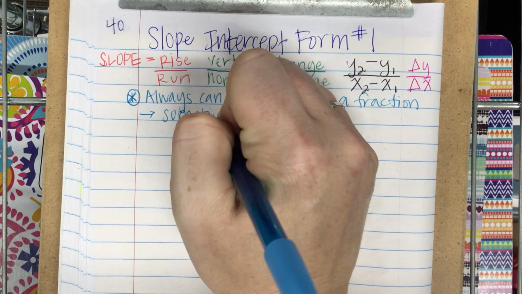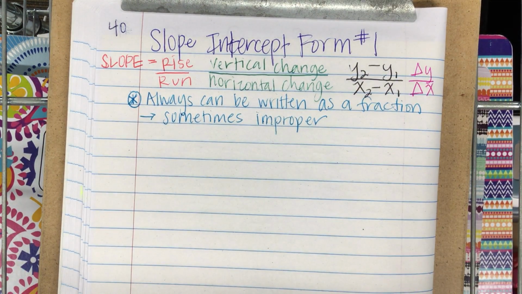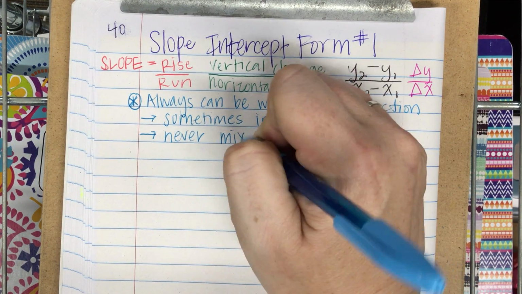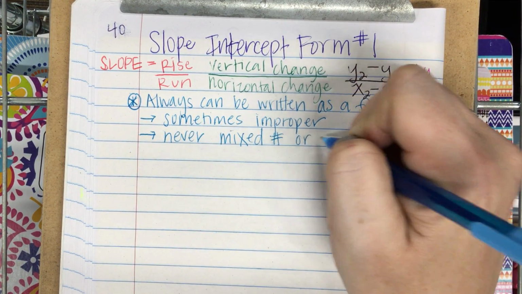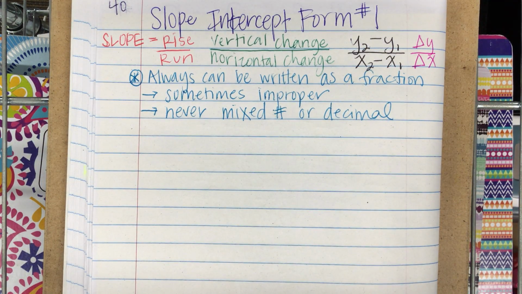Sometimes it's improper. What does improper fraction mean? It's not polite. It's a larger number over a small one. Correct, your numerator is larger than your denominator. It's never a mixed number or decimal. If it is a mixed number or a decimal, we need to fix it and make it improper.